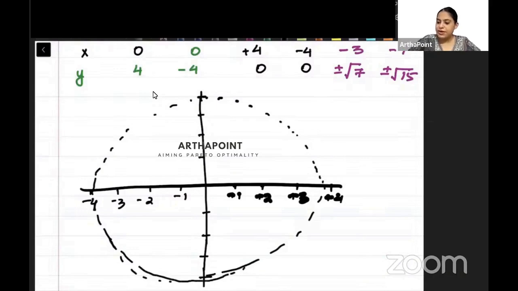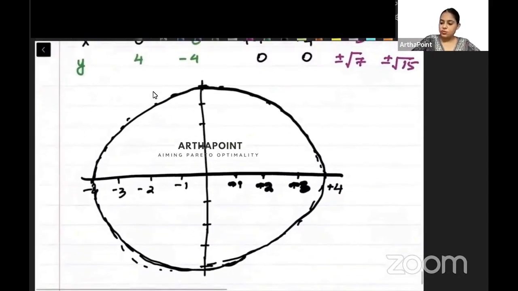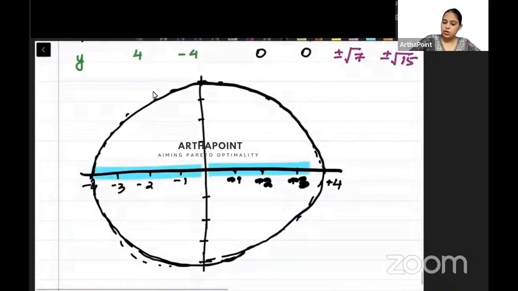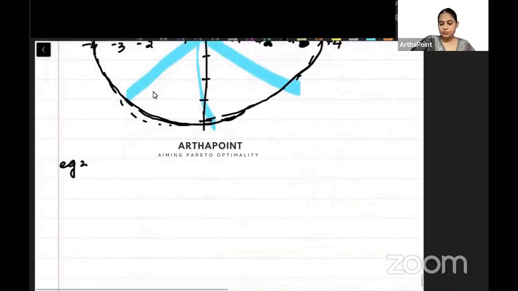Try to plot a bit better because I am doing it on a tab. थोड़ा सा मुश्किल है बच्चे. But you can give a better graph. Try to make a circle. So circle with radius 4. So this is, देखो यहाँ 4 है, 4, 4, 4. Any point will be 4 from the center. And center is at 0, 0. ठीक है?